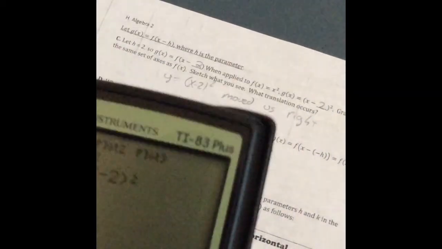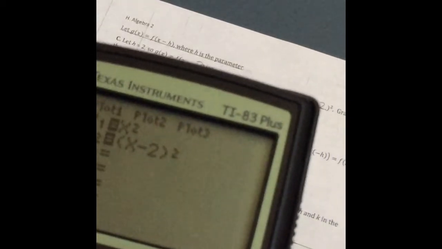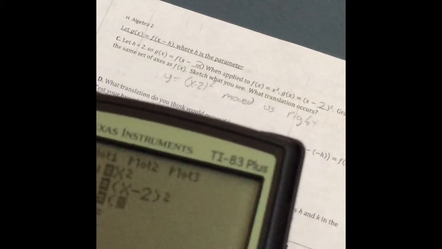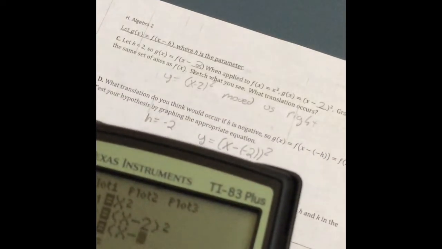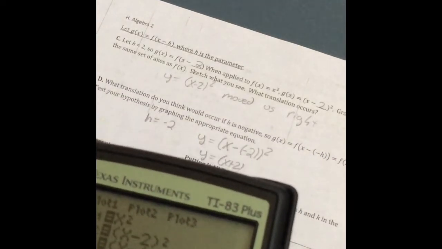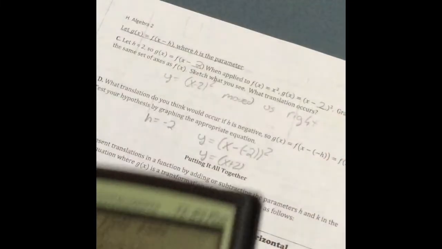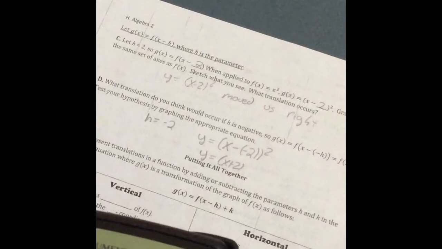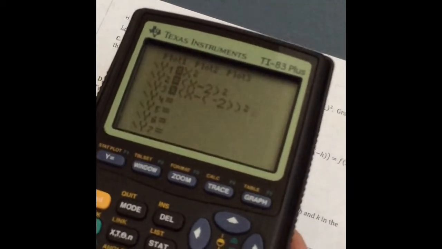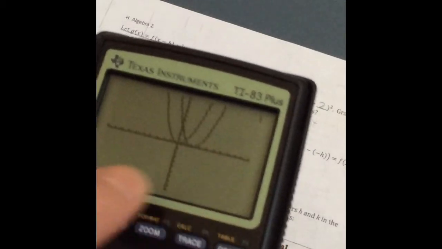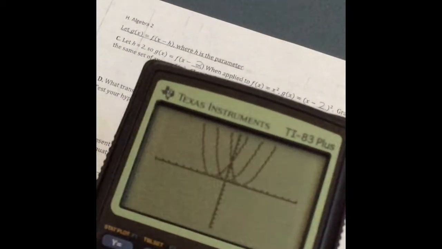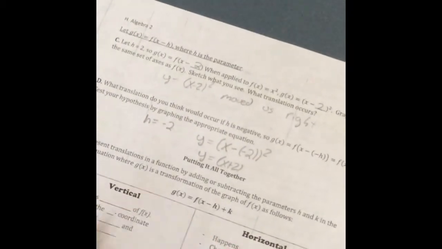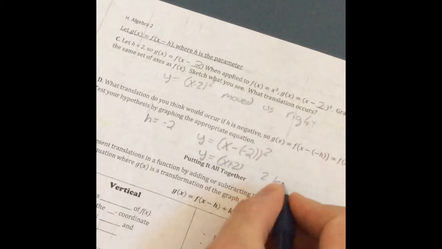So I'm going to come down here, and I'm going to write in the parameter in parentheses, x, negative 2. I should use the negative key. This guy down here is a negative. Negative 2, quantity squared. Let's get it so you can see it, and let's graph that and see what happens. And sure enough, that guy moves to the left. So 2 left.